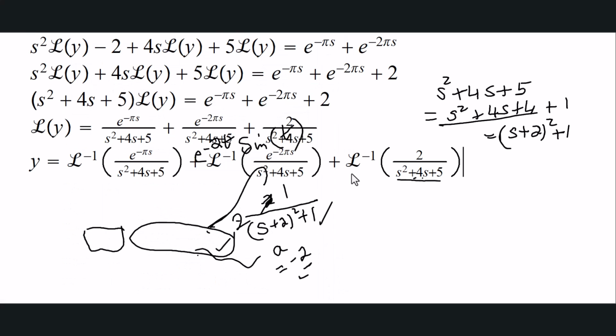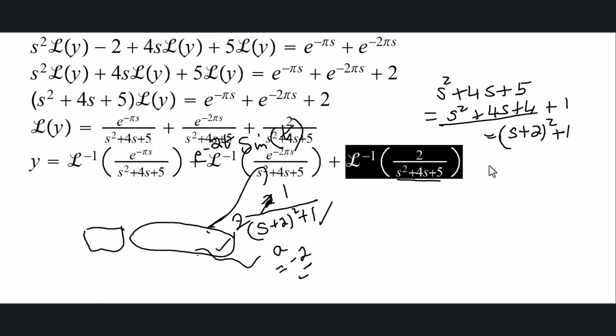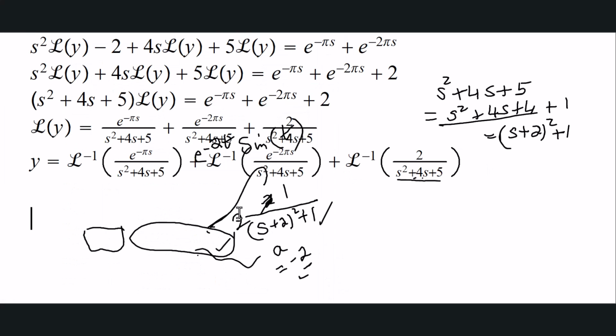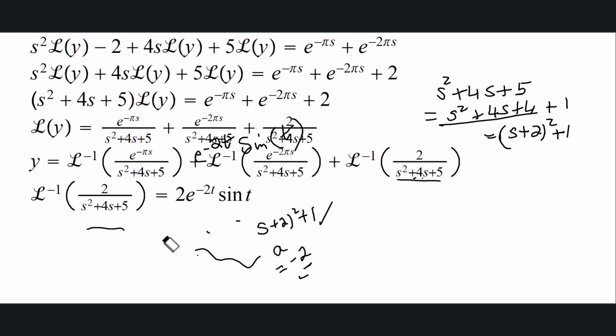What we just got is the inverse Laplace, and I'm just verifying it by software. As we had before, it's 2 times e to the negative 2t sine t. Let's just go ahead and erase all this written portion.